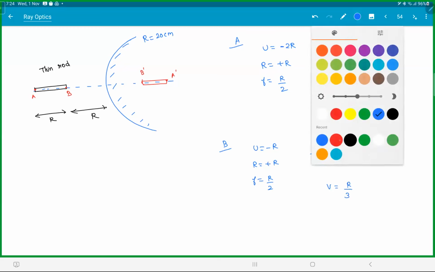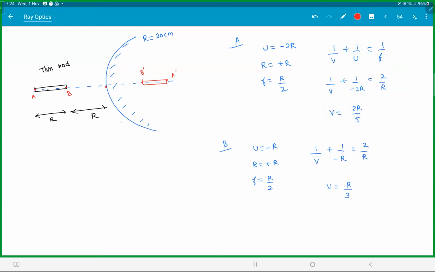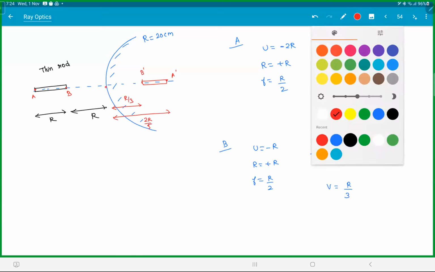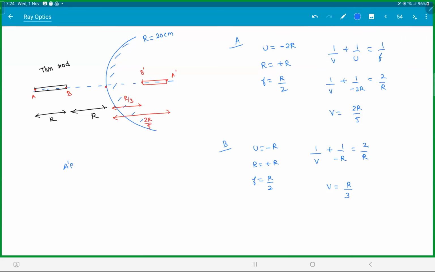So that means this B's image from the pole is at r by 3. That guy is 2r by 5. Therefore, A dash B dash will be 2r by 5 minus r by 3. That is r by 15. Check. R is 20, so 4 by 3 centimeters.